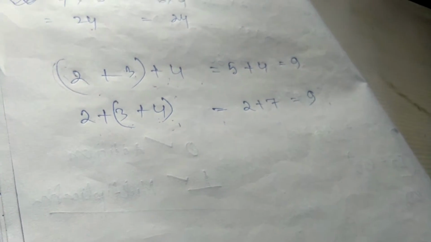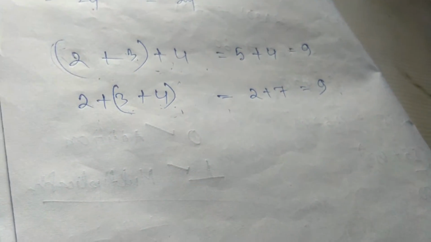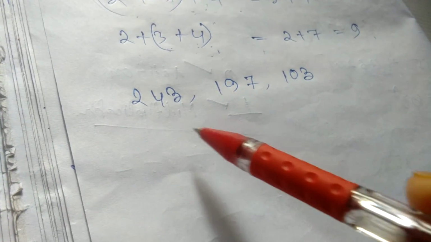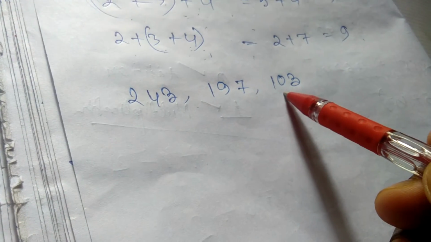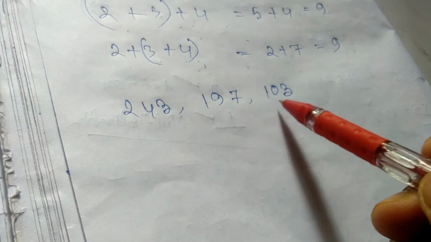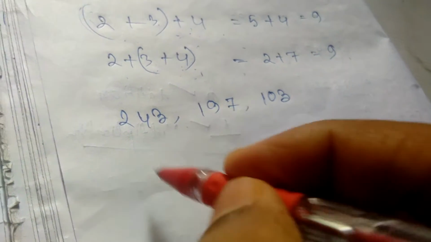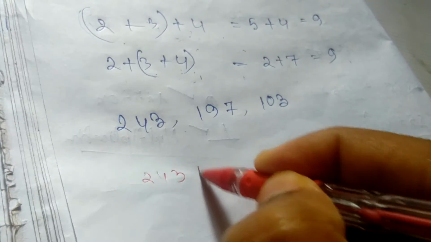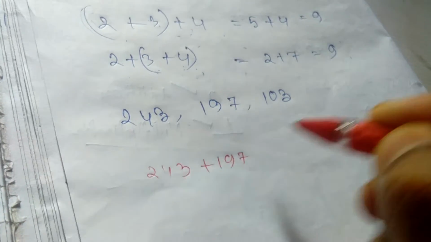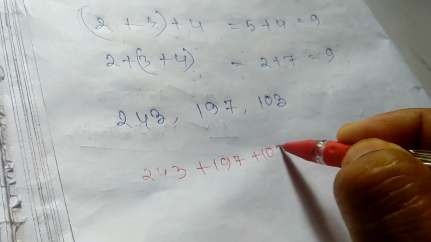I am taking one more example to explain that. I have written three numbers here: 243, 197, 103. Now I am going to add the numbers: 243 plus 197 plus 103.